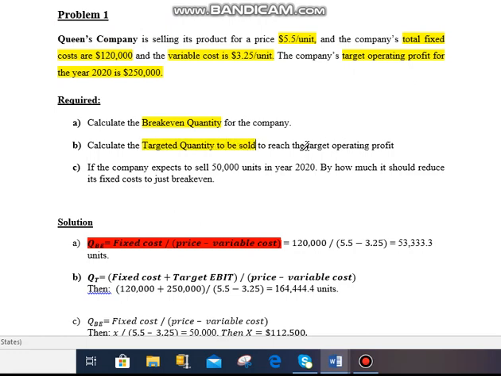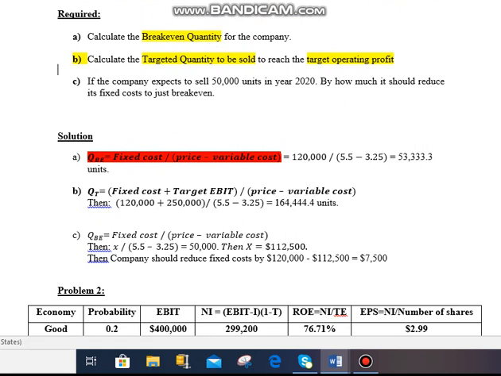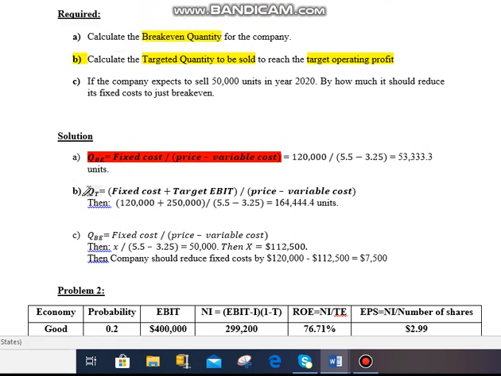In part B, we have to calculate the targeted quantity to be sold to reach the target operating profit. According to the formula, the target quantity is equal to the fixed cost plus the target EBIT over the price per unit minus the variable cost per unit.